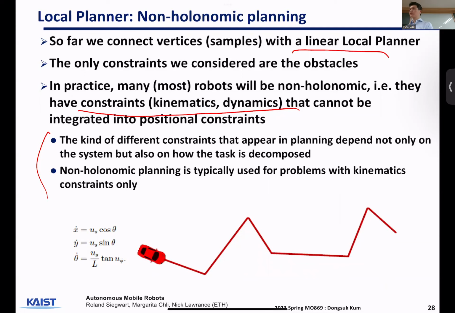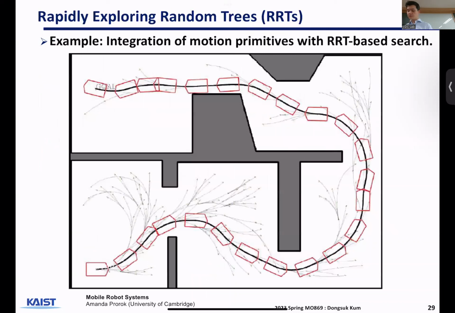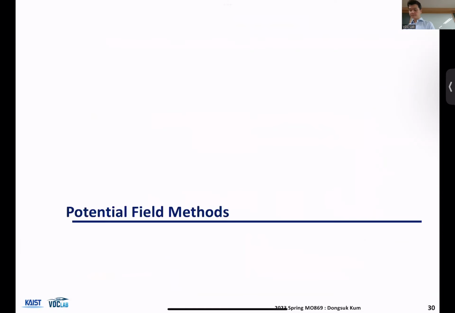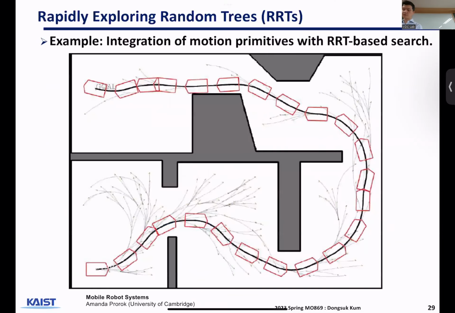Here, everything was a simple linear line, but we could use a polynomial, for example, to create a smooth path around the environment. So this is one example of using RRT with, say, a polynomial local path planner applied.